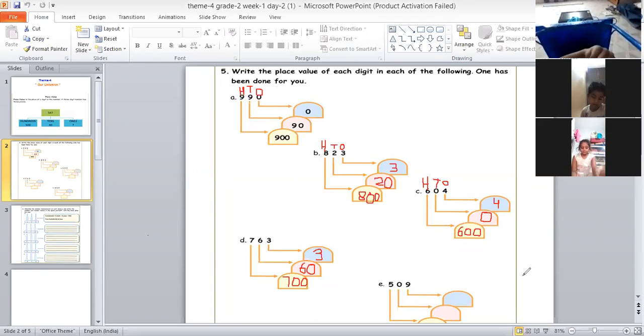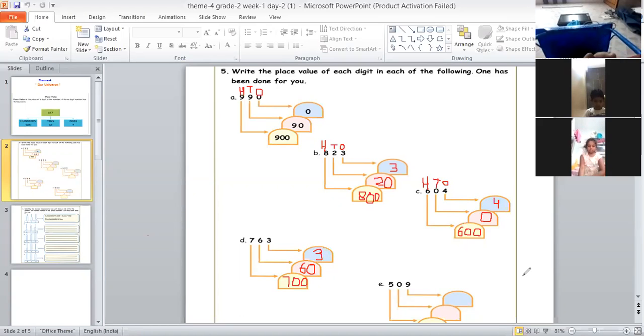Yes, Nitya. Bit E, last question. Read that. 500. No, read the question. First, you should read that number.